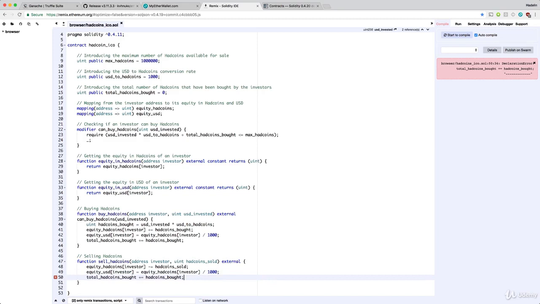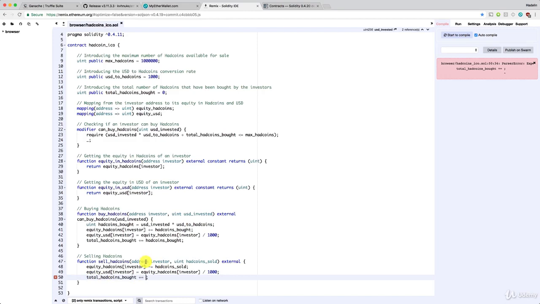And now the third variable, total at coins bought, is incremented here by the at coins bought. So first of all, the at coins bought don't exist anymore. So removing this. And so now what do we have to do? What do we have to do to update the total number of at coins bought by all the investors, including this one we're dealing with right now?